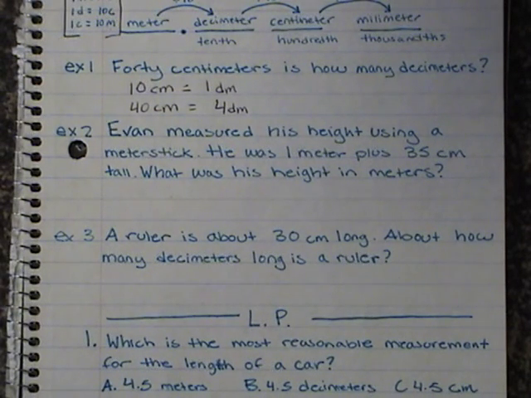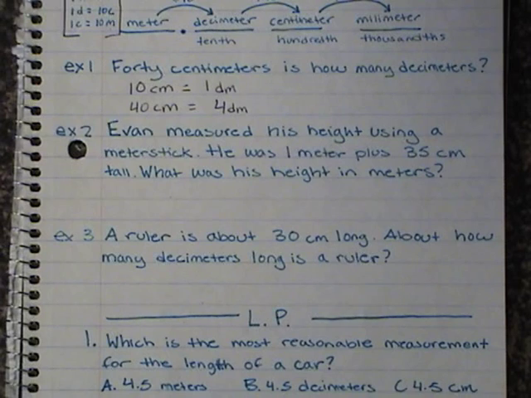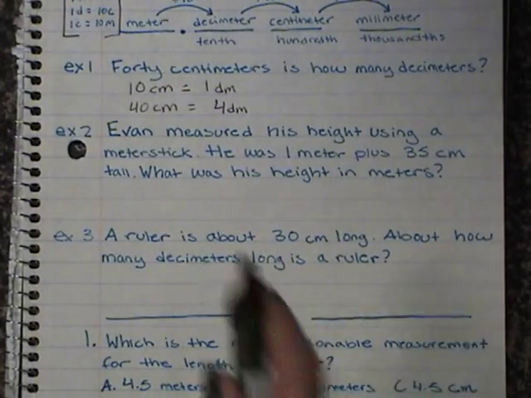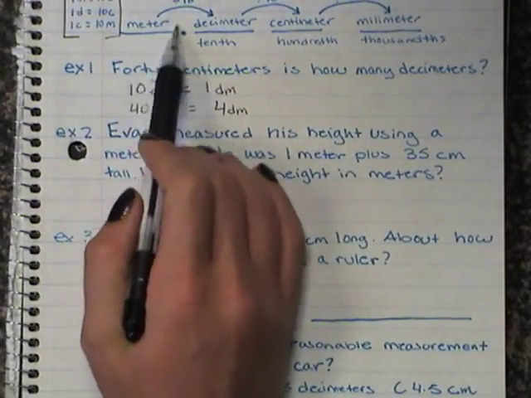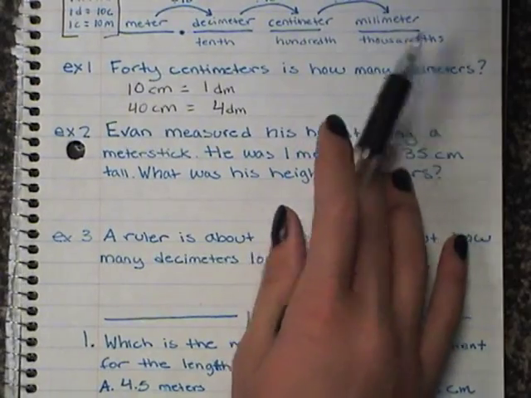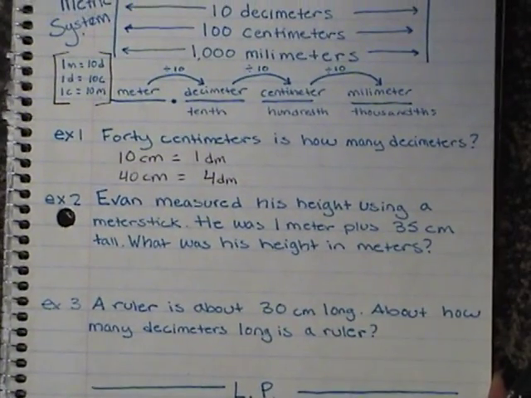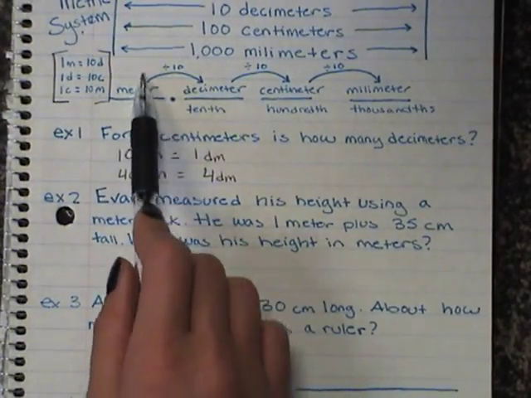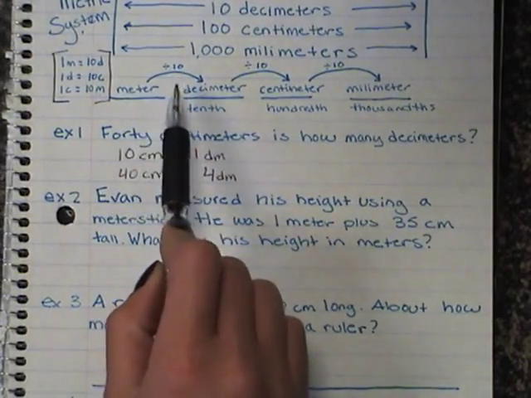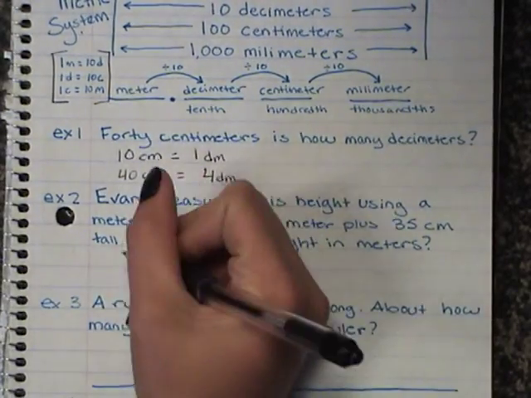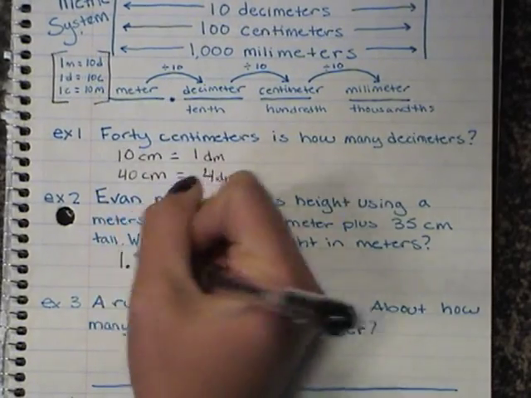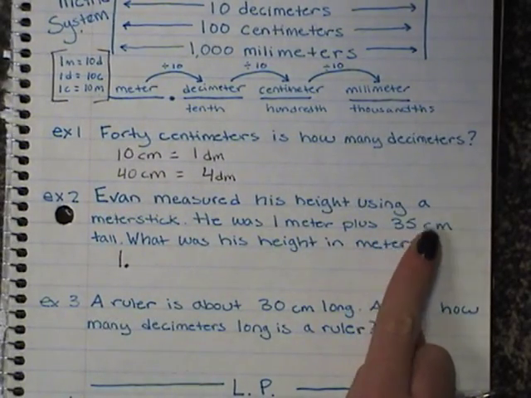For this one, since we know that 10 centimeters equals 1 decimeter, we can think of 35 centimeters as 3 decimeters plus 5 centimeters. So, if I were to write this down, he's 1 meter. When I look at my chart up here, I have 1 meter, which is a whole number, and then my decimal point, and I have 35 centimeters.